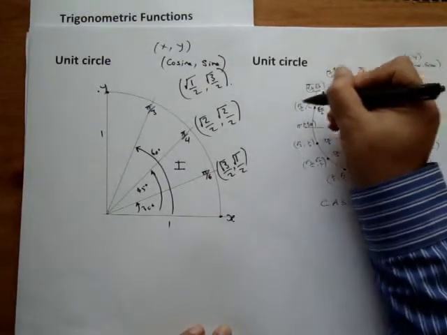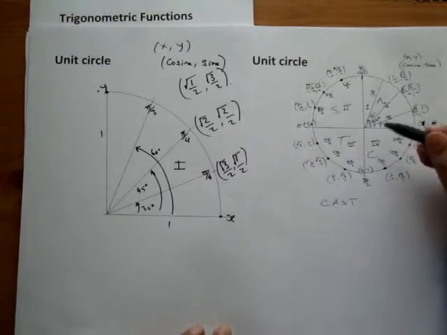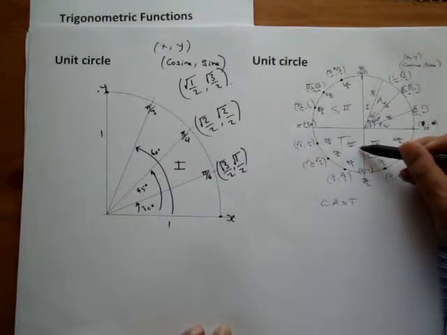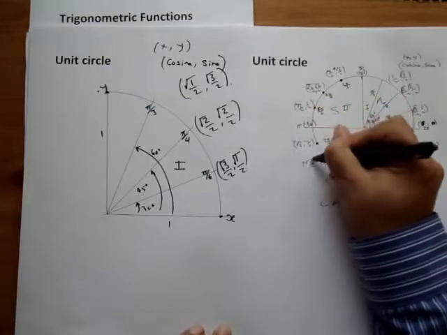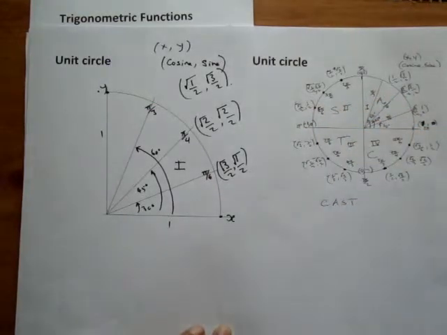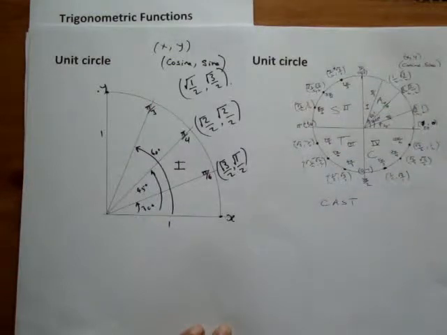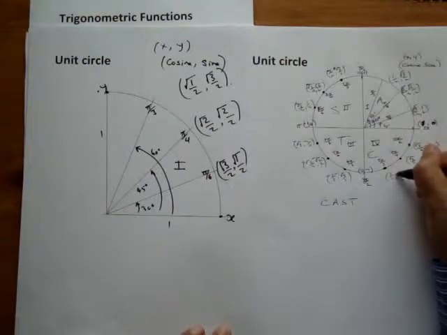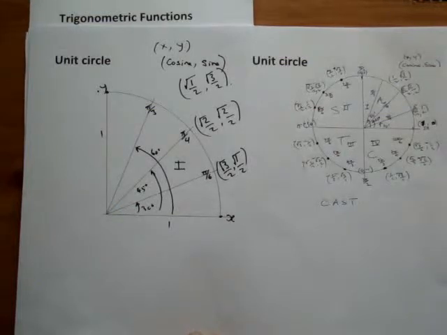So the cosine is negative. On quadrant 3, only the tangent is positive, so both these are negative. And on quadrant 4, only cosine is positive, so only the first one is positive, so the sine is negative. So negative, negative, negative. And that's your unit circle completed.